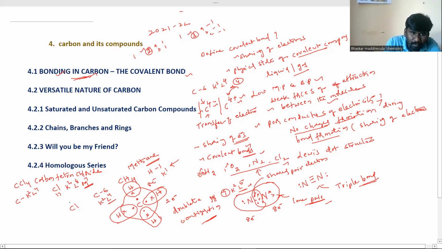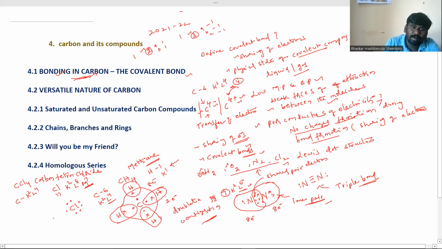So each of the 4 chlorines requires one electron to get the octet configuration.